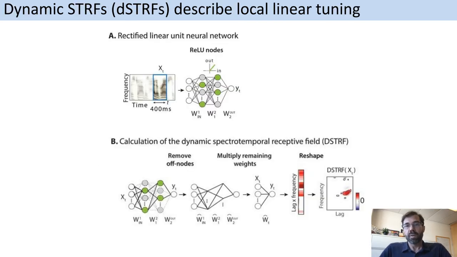So what we did is use an approach that was developed by our collaborators and applied previously to the human LFP data. And that took advantage of a relatively simple but important observation of these networks, which is that at any given moment in time when you're presenting stimuli, a number of the static nonlinearities, these rectified linearities that I mentioned earlier, are below threshold.